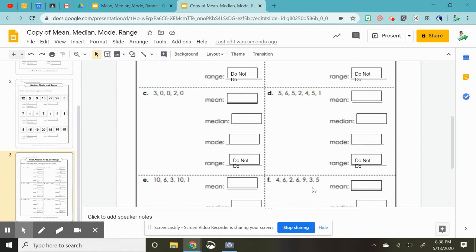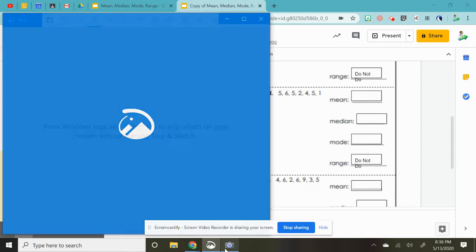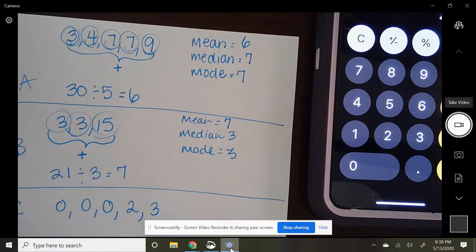Moving on to number C. So this was A, this was B. Now I'm on C. I'm going to put my numbers in counting order. 0, 0, 0, 2, 3. You can see what I've been doing.